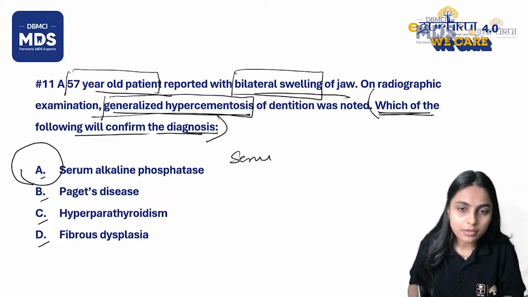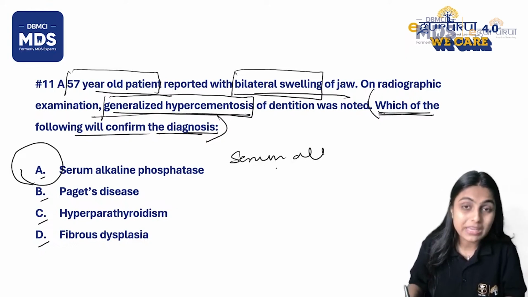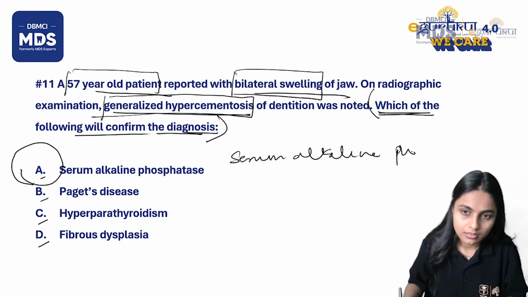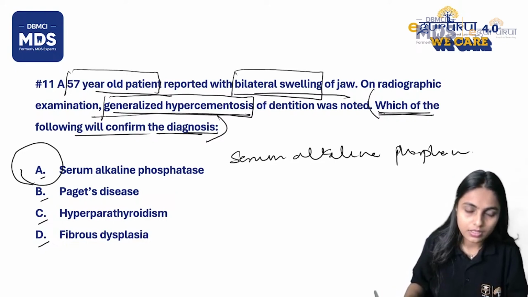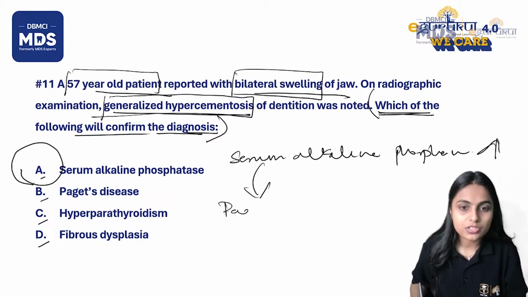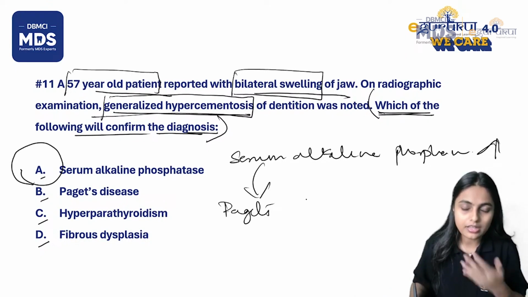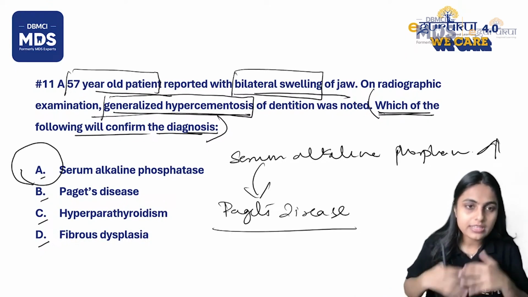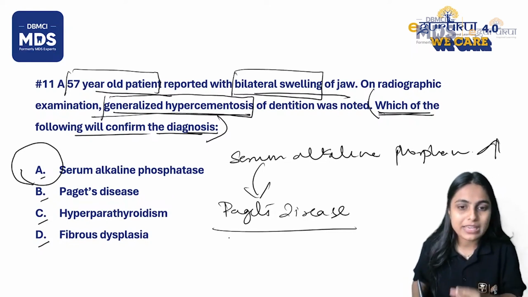Serum alkaline phosphatase will be increased in this case. If it is increased, then our diagnosis is Paget's disease, not the answer, the diagnosis. So the features they have mentioned are of Paget's disease.